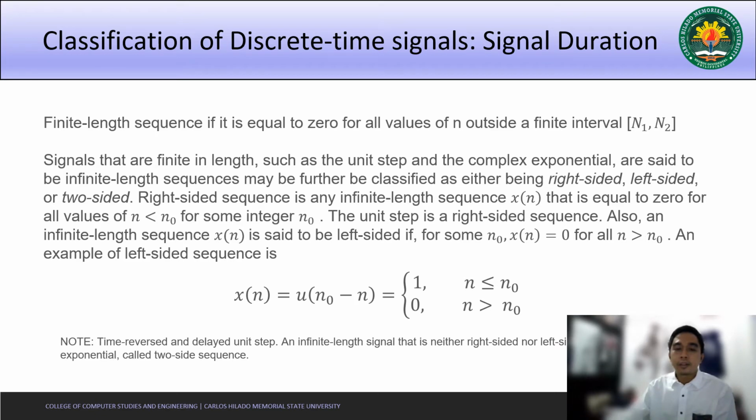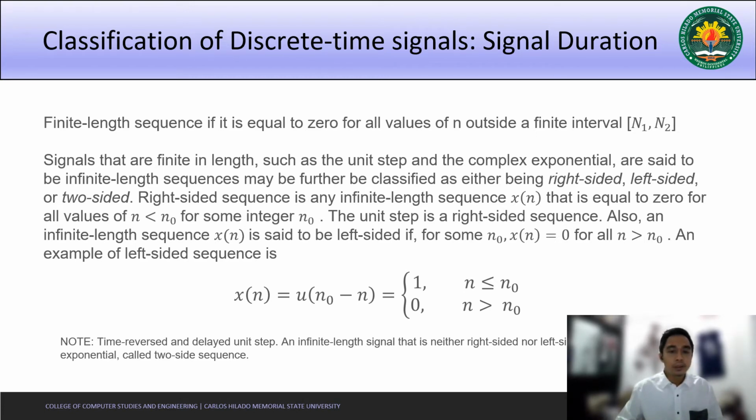A finite length sequence is equal to 0 for all values of n outside the finite interval n sub 1 to n sub 2. Signals infinite in length, such as the unit step and the complex exponential we discussed before, may be further classified as either right-sided, left-sided, or two-sided.